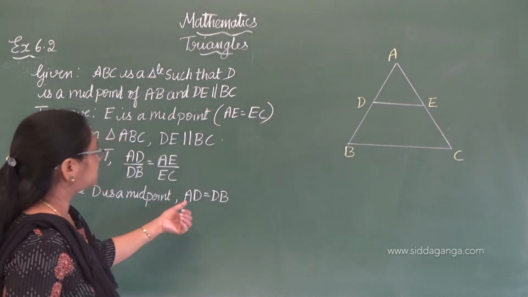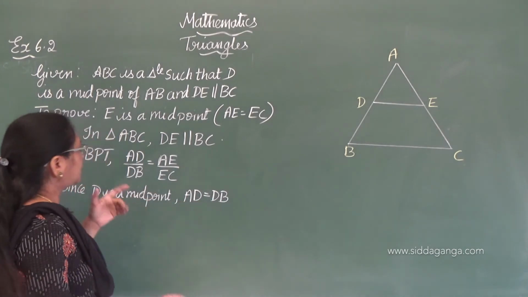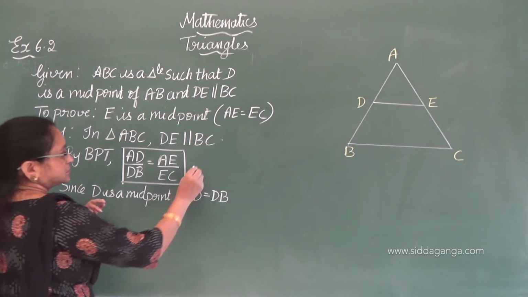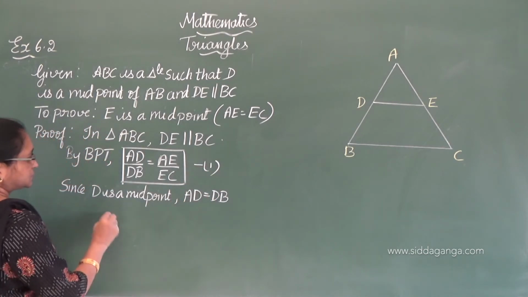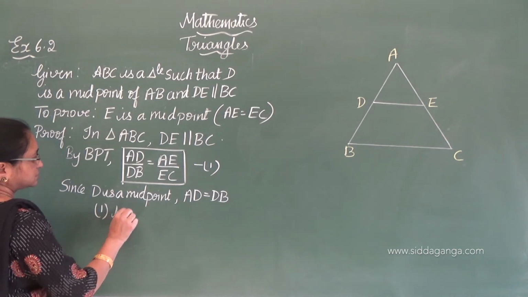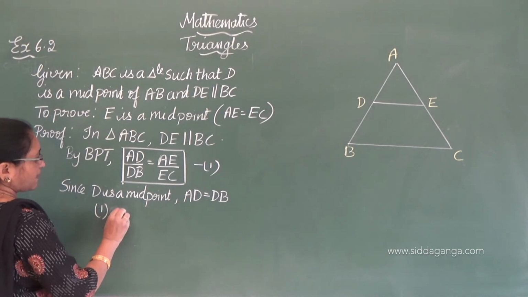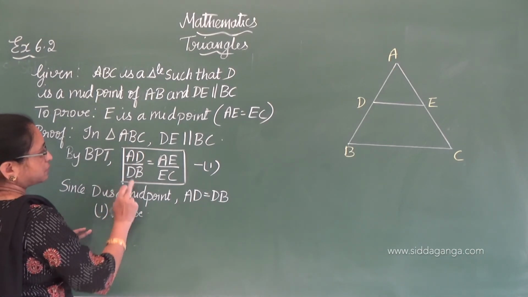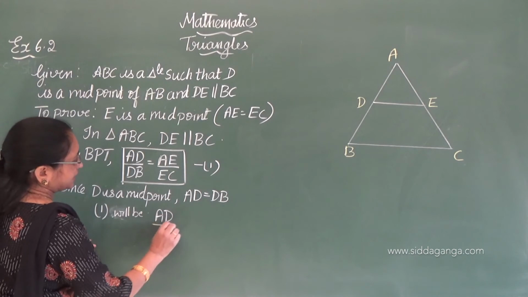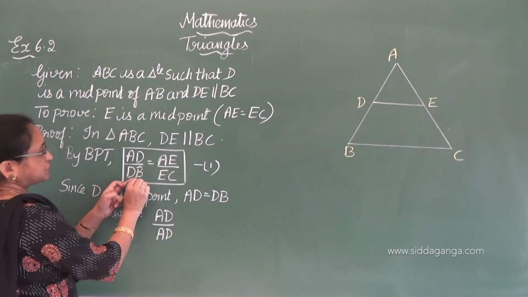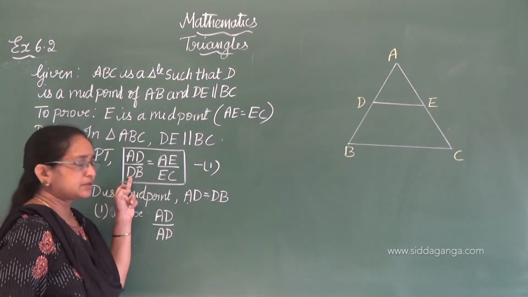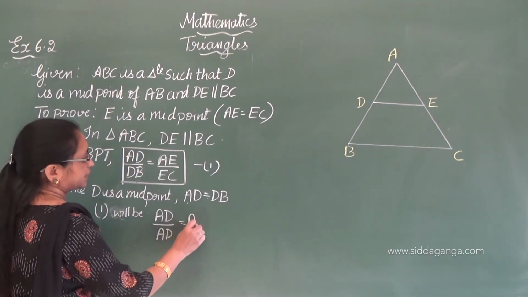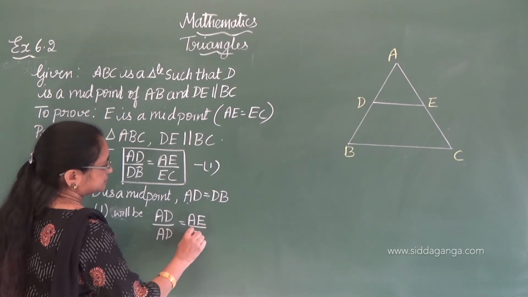Now just observe this statement. AD by DB, so I am going to put AD by AD, correct? Instead of DB I have put AD only because they are equal. So it is equal to AE by EC.